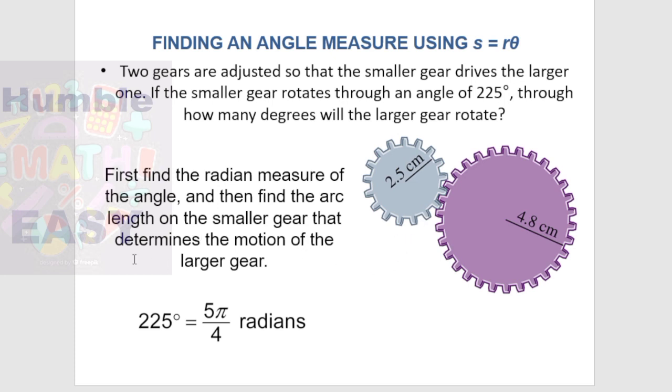So find the radian measure of the angle, then find the arc length of the smaller gear that determines the motion of the gear. So we now have here 225 as the smaller one. As we convert this one, it is equivalent to 5 pi over 4 radians.